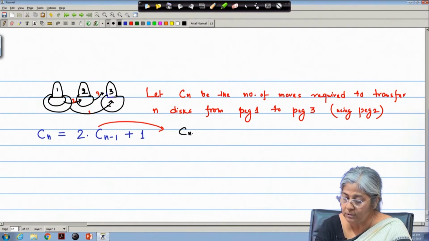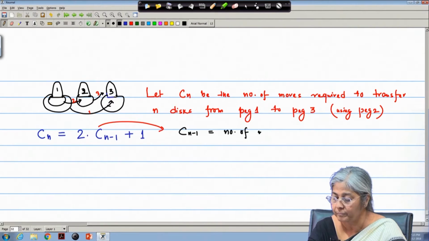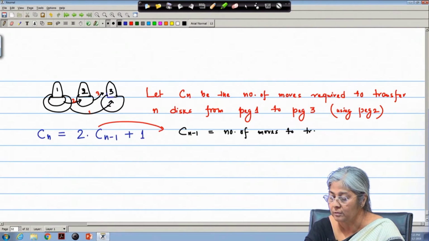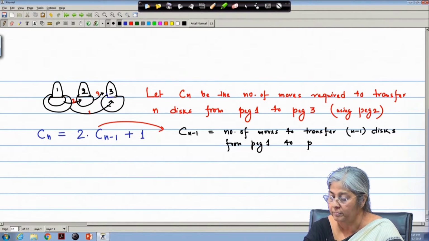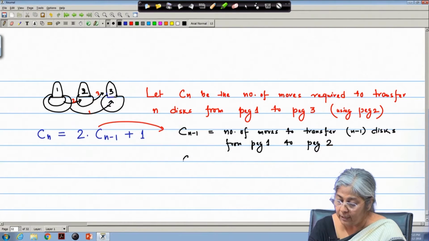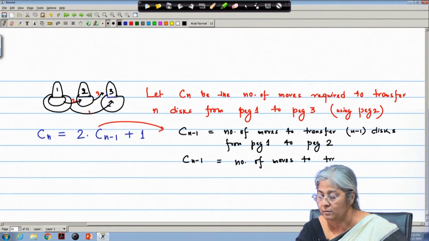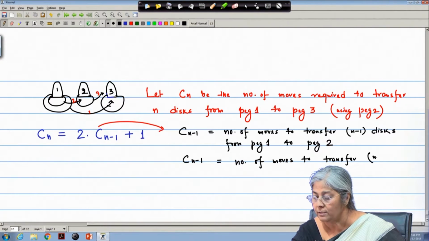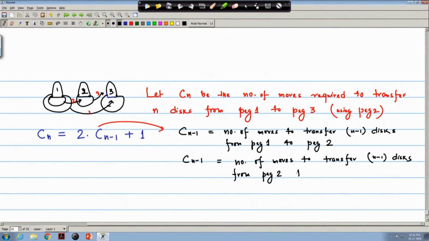You can write 1 Cn minus 1 is the number of moves to transfer n minus 1 disks from peg 1 to peg 2, and another Cn minus 1 is the number of moves to transfer n minus 1 disks from peg 2 to peg 3.